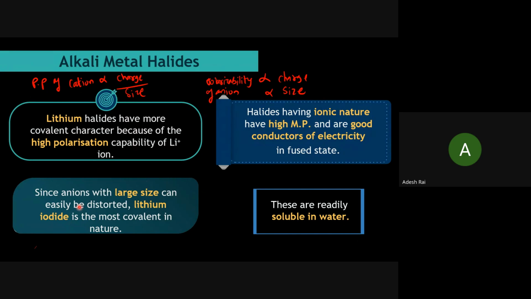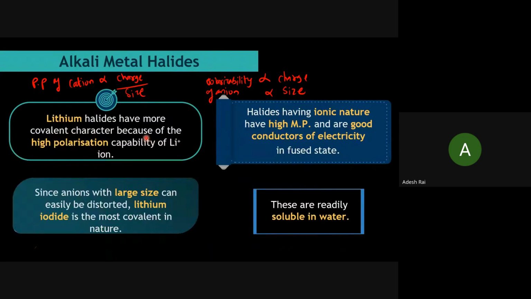Lithium iodide is the most covalent in nature because if you compare all the halide ions, F minus, Cl minus, Br minus, I minus, they are all anions. So in that case, covalent character will be directly proportional to size. Higher the polarizing power or higher the polarizability, higher is the covalent character, and polarizability of an ion is directly proportional to size.